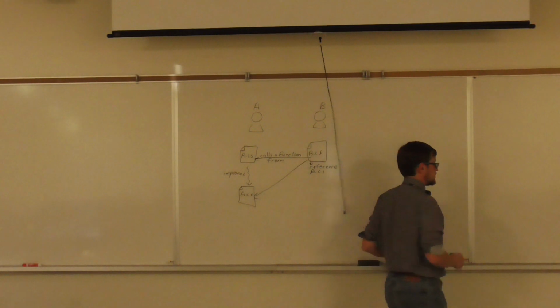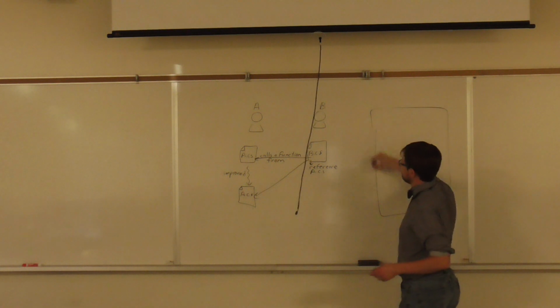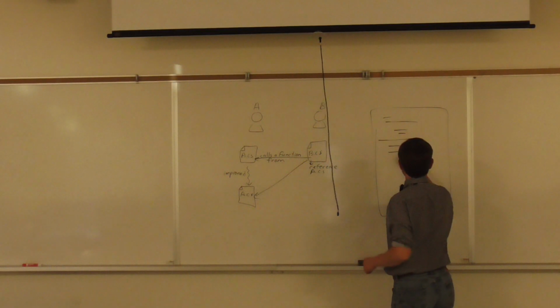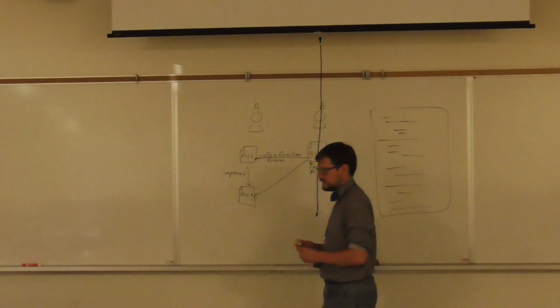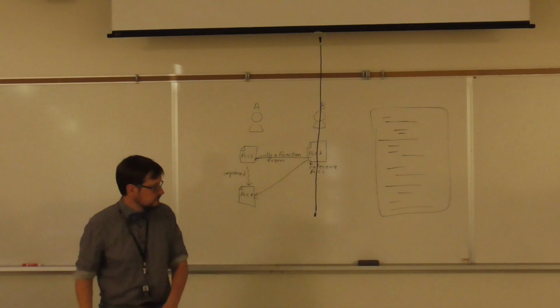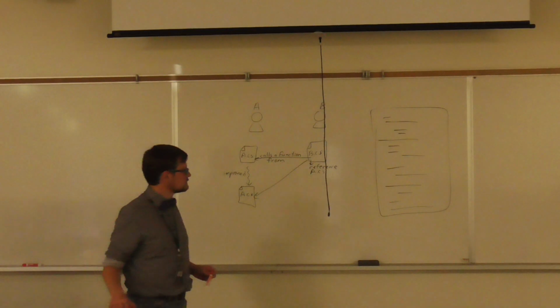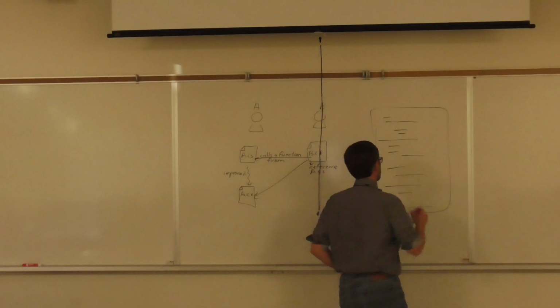Let's say that in some source code file, we have our lines of code, right? And let's say, just for the sake of argument, we have several lines of code.